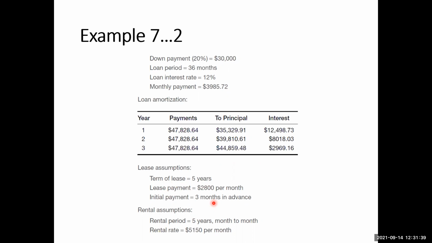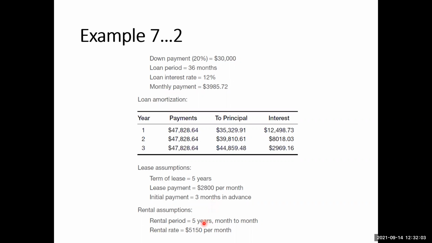The first 3 payments will be in advance, and in the last year you don't have to pay for 3 months, so in the last year you will pay for 12 minus 3, that is 9 months only. That will be the only difference in this case.